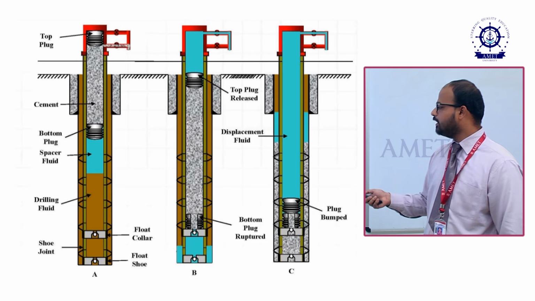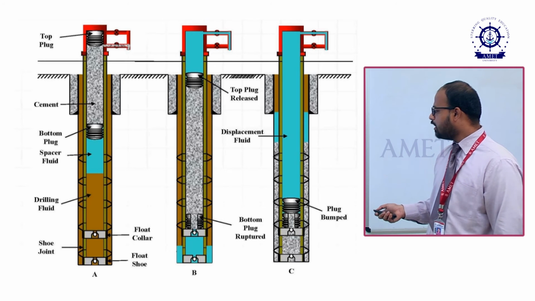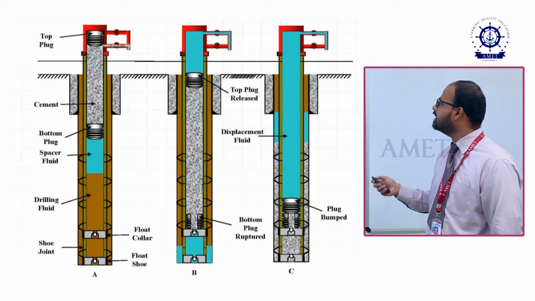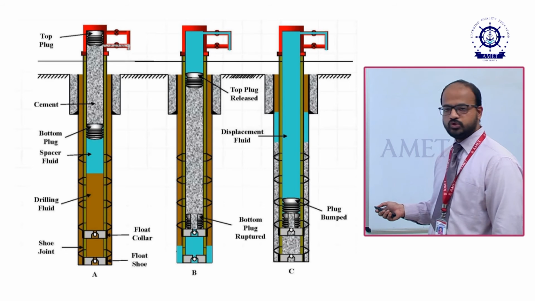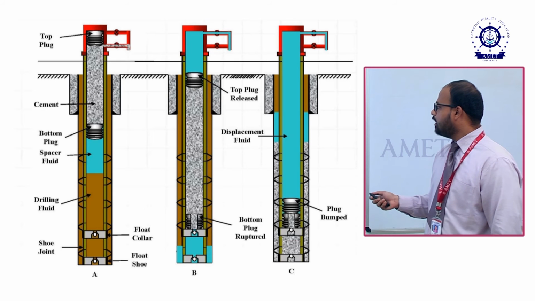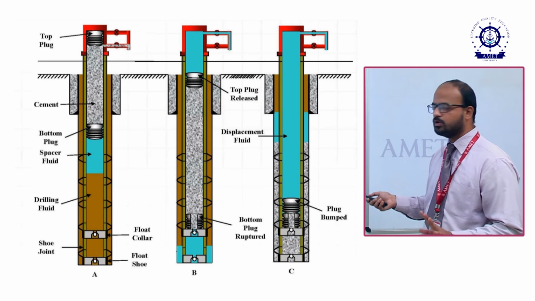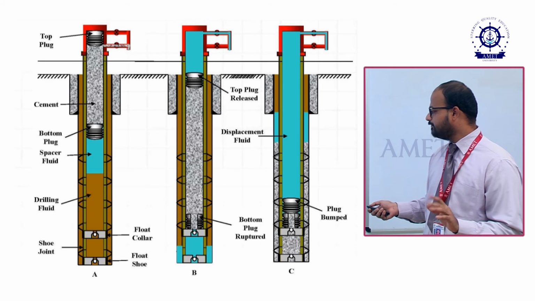Once this top plug and bottom plug come together, you can understand that all the cement has completely filled the annular space. There is no cement left in your well. That we have to understand here. And we have to check the flow back, whether the cement is done properly in the annular space or not. How can we see that?